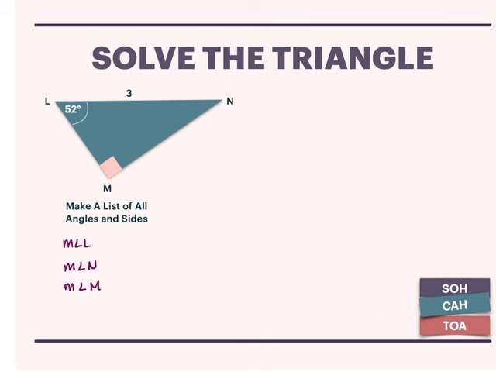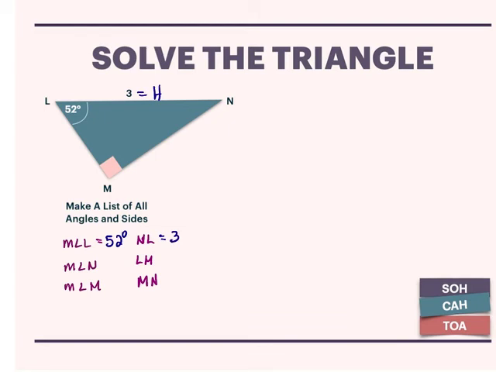So we'll do them down here. And then our sides: NL, LM, and MN. What we know is this is 52 degrees, and we know our hypotenuse, LN. Let's mark that as our hypotenuse. LN is equal to 3.